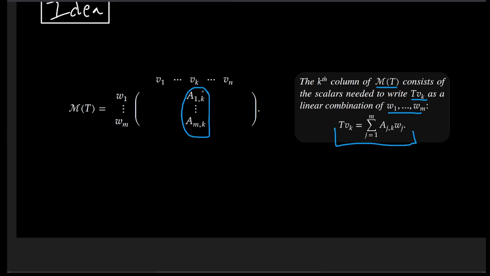So the column encodes the coefficients, and when you take those coefficients times the W's, then you get back TVK. So right here, we're summing up the entries in the kth column times the vectors W1 through WM, and when we do that, we get back TVK. Okay, cool. So let's go on a little bit further and see what we can do with this.